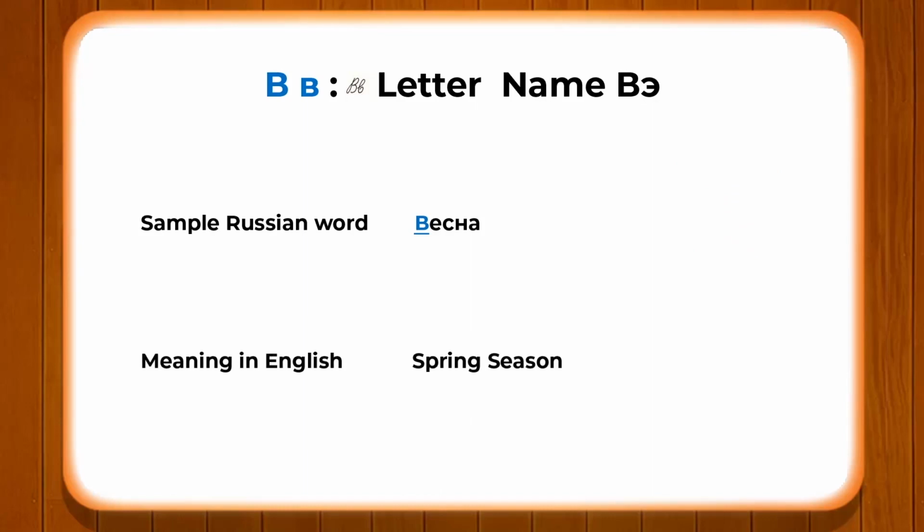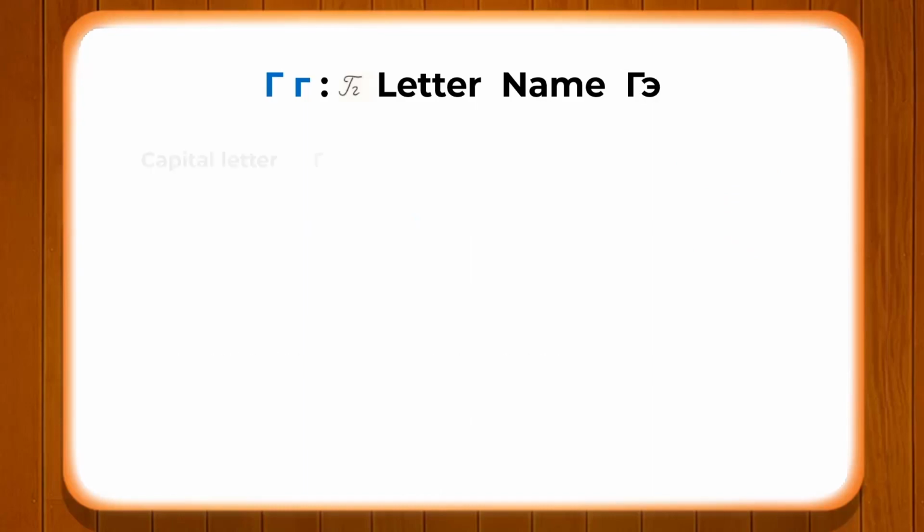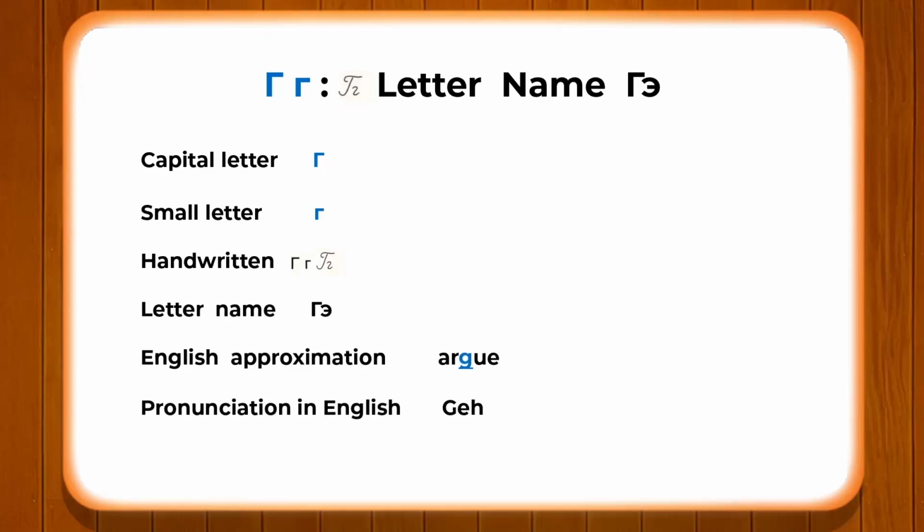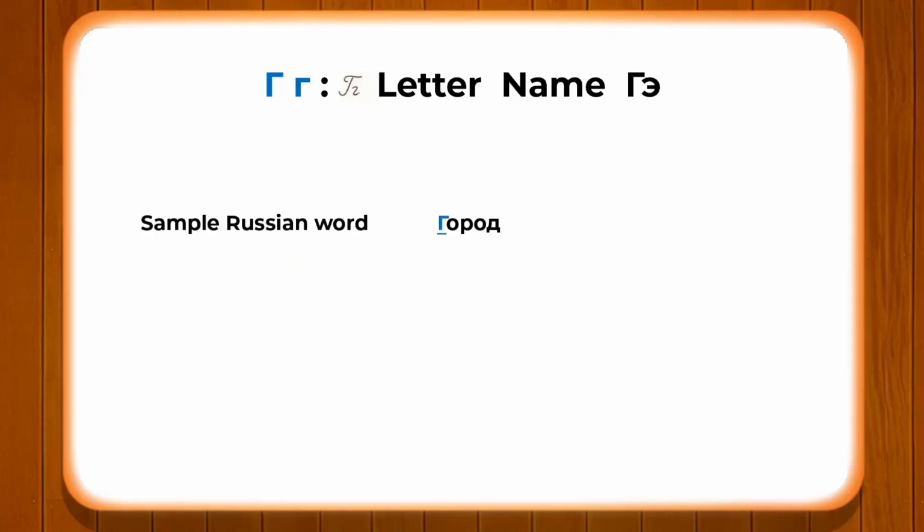Now the next letter is ge, and for an approximate sound in English we have the word argue, ge as in argue. A sample Russian word is gorod, which means city.